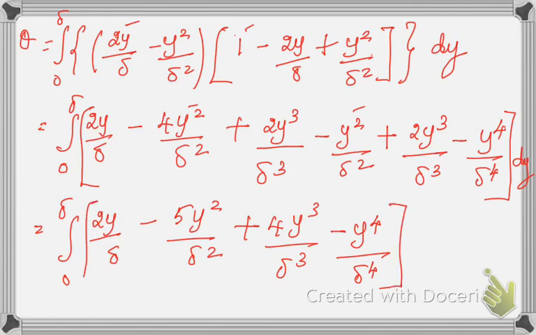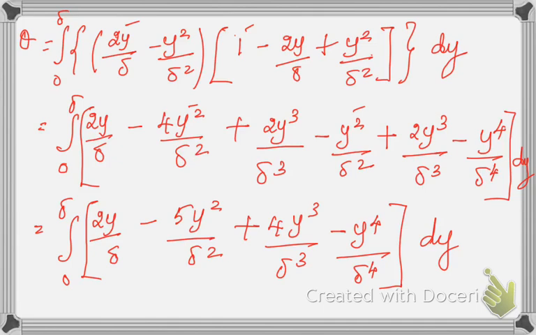The whole term into dy. Now we have to integrate all these terms as I have told earlier: if you integrate y power n dy, it is y power n plus 1 divided by n plus 1, that will be the formula. Now we are going to integrate this.